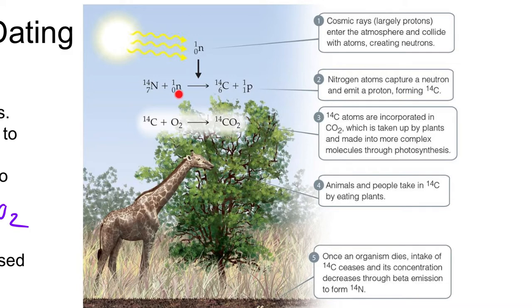When a neutron interacts with nitrogen-14, it produces carbon-14 and a proton. That carbon-14 can react with oxygen to form CO2. It's incorporated into CO2, taken up by plants. Obviously, giraffes eat plants. And people and animals take in carbon-14.